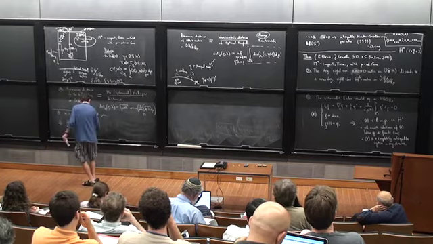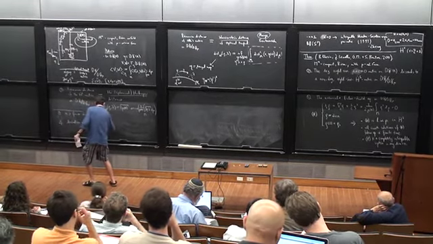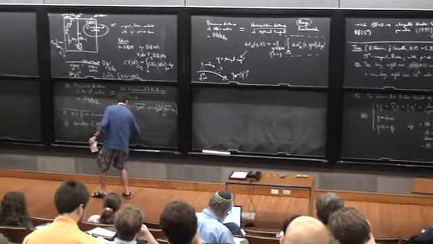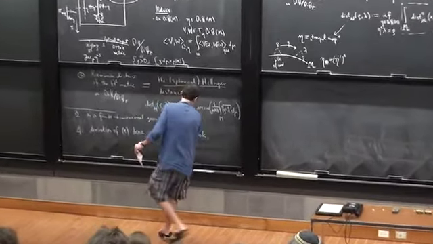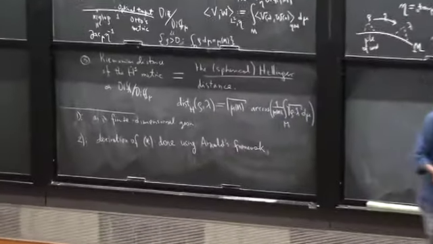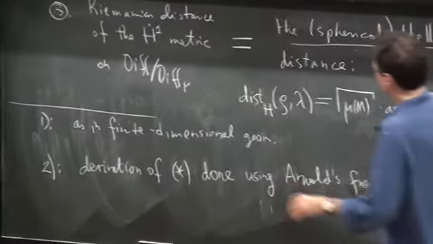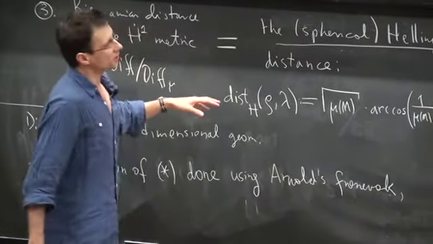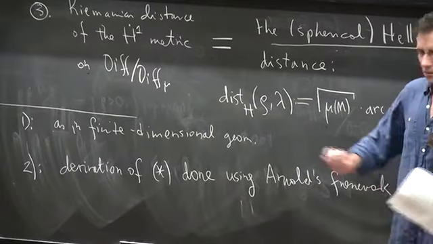So this is done using Arnold's framework. This would amount to computing the co-adjoint representation with respect to the H1 dot inner product. But alternatively, one can derive these equations from first Riemannian principles.